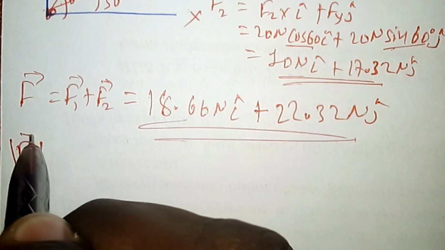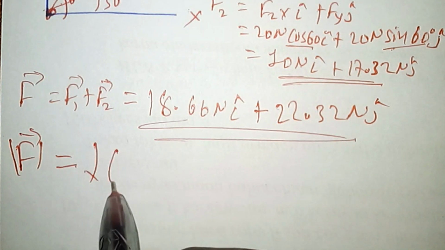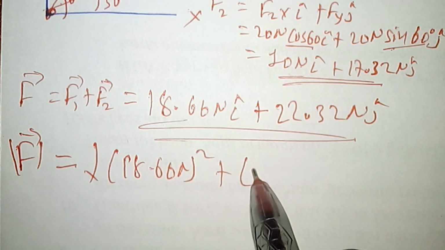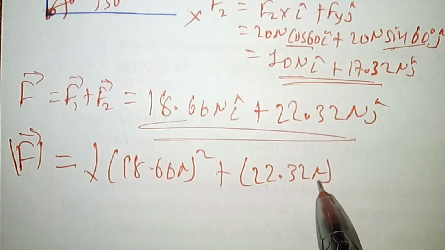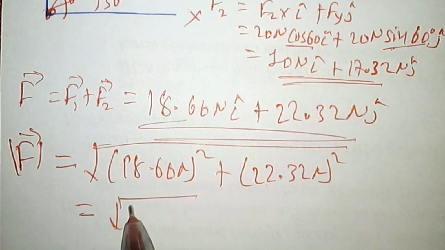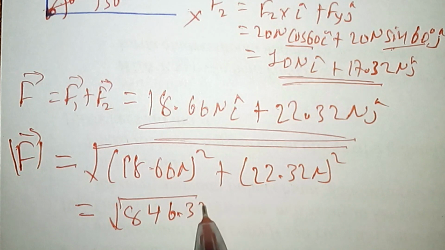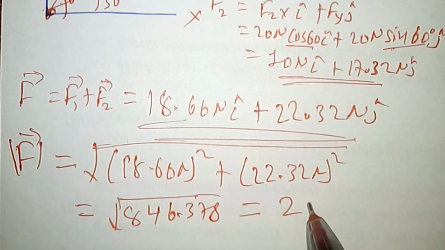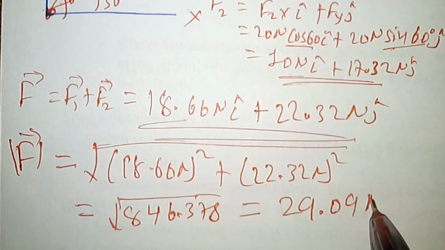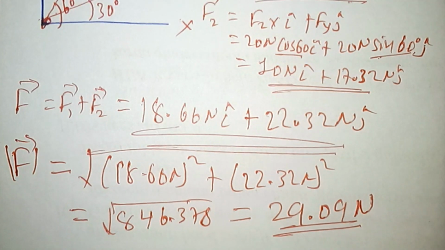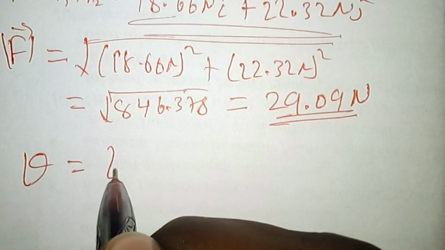The magnitude of the resultant force is the square root of 18.66 Newton squared plus 22.32 Newton squared, which gives the square root of 846.378, which is exactly equal to 29.09 Newton. So this is the magnitude of the resultant force.